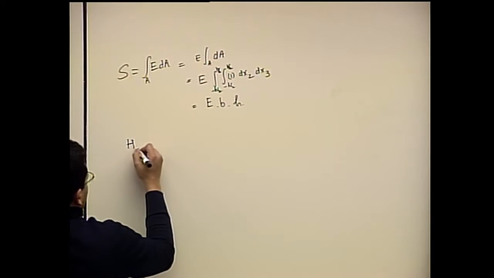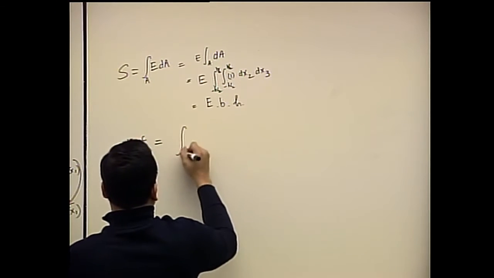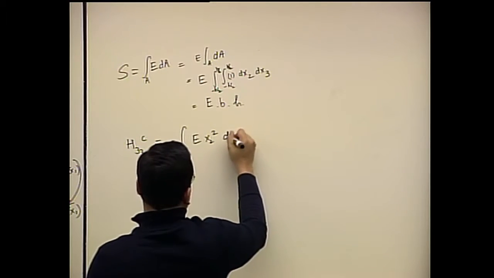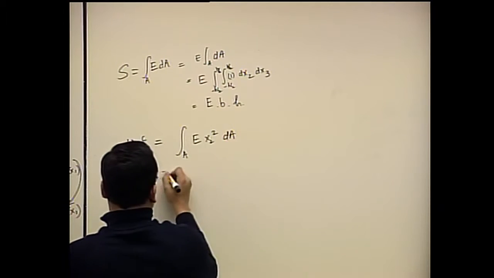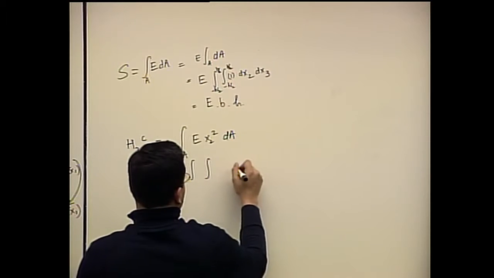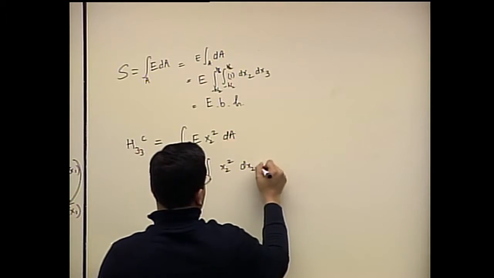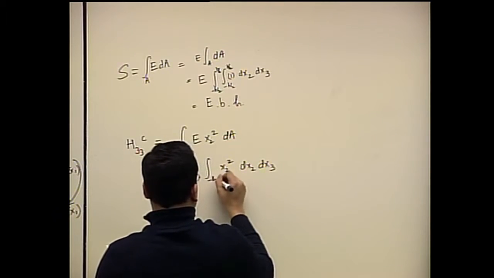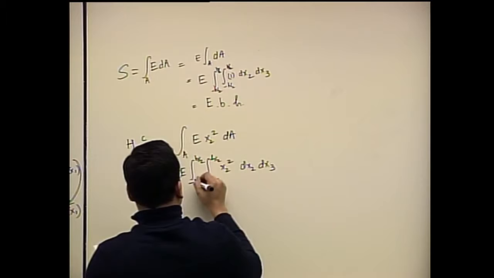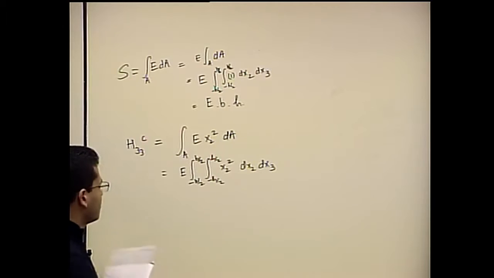Let's evaluate H33C. It will be integration of the area E times x2 square dA. It will become, just splitting the integration of the area in two components.